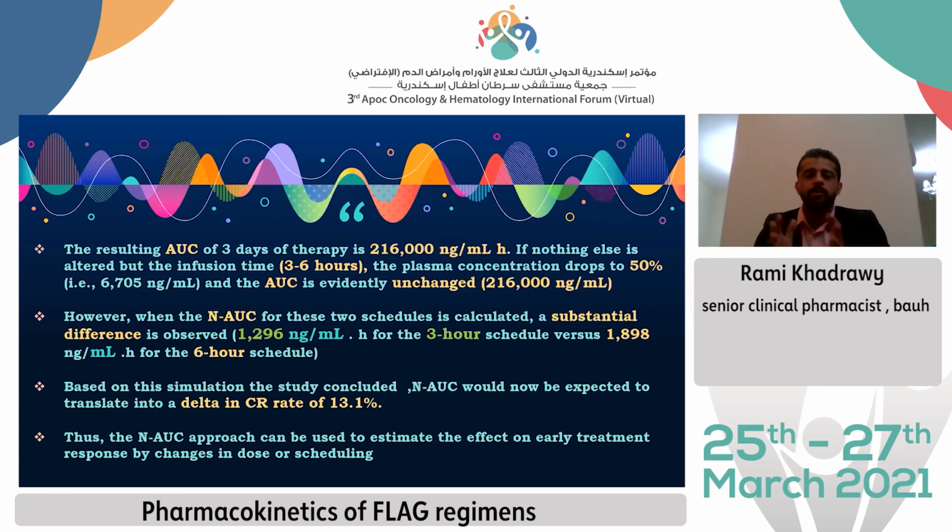However, the NAOC for these two schedules is significantly different, due to the n value of cytarabine of 0.4, resulting in a substantial difference between the two schedules: 1,290 for the 3-hour schedule and 1,800 nanogram per milliliter for the 6-hour schedule, despite the same dose.